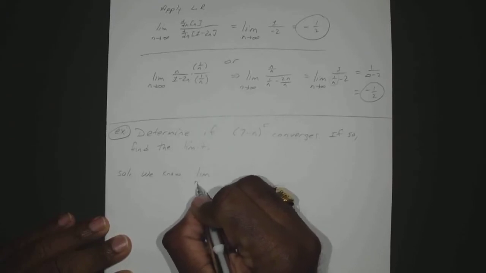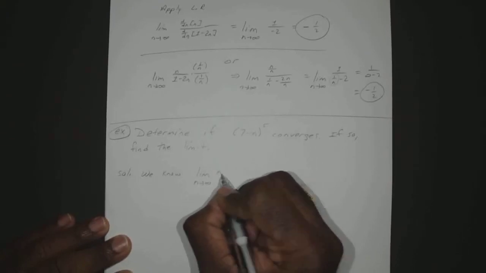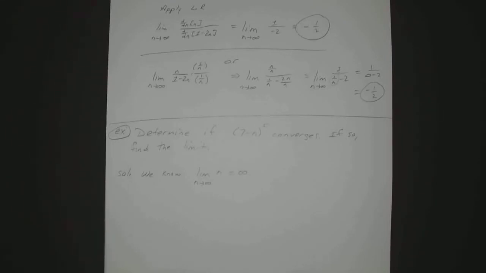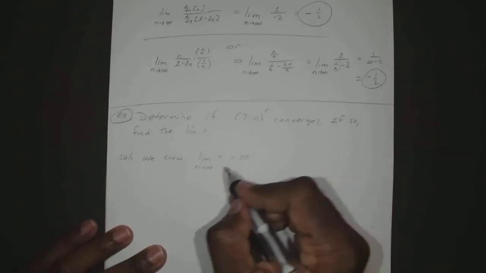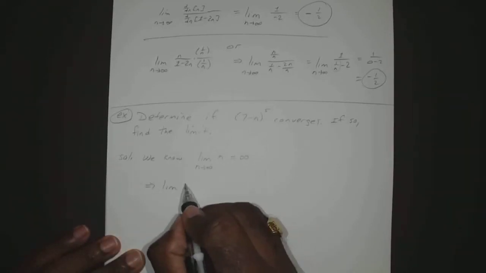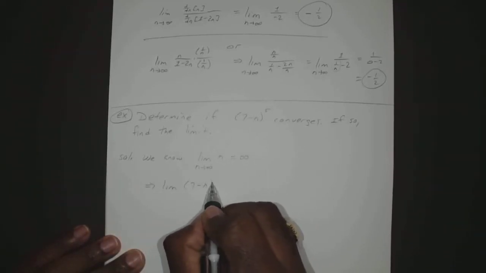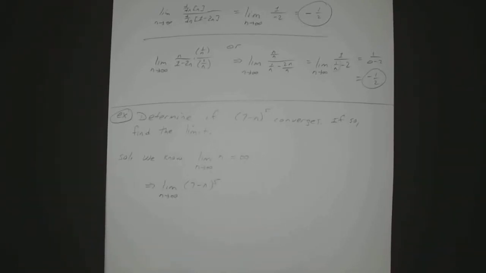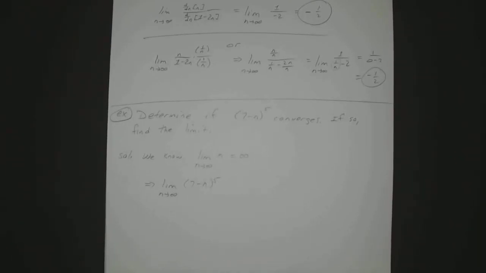So if we have the limit of 7 minus n to the fifth as n approaches infinity, you actually just have negative 1 times n as n's getting bigger and bigger.